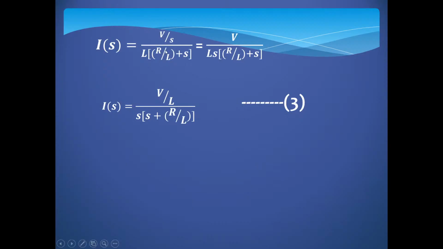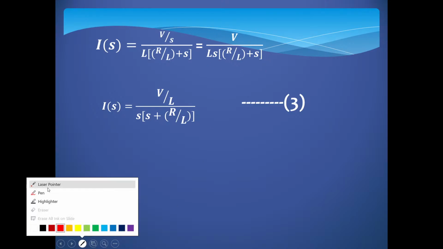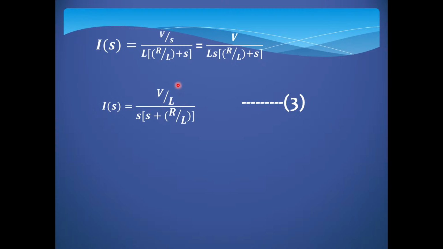So see here, both the equations are the same. S is in the denominator, L is also in the denominator. So instead of writing like this, you can write V by L whole divided by S into S plus R by L. I wanted terms in the form of S plus something. I don't want any coefficient of S. So that's why I have taken L common and just rearranged the terms.